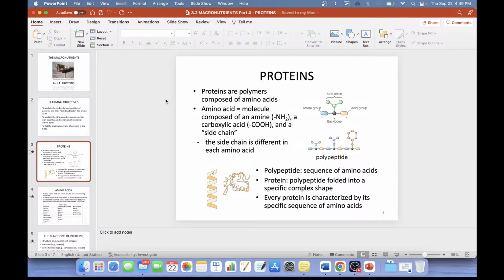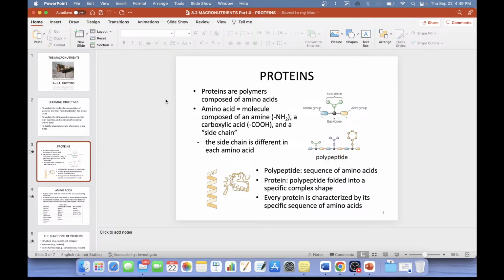The essential ones are the ones that we need to obtain from food, because our bodies cannot produce them using other molecular bits or groups of atoms, or by transforming other amino acids. Conditionally essential amino acids are the ones that, under certain conditions, our bodies need to obtain from food.